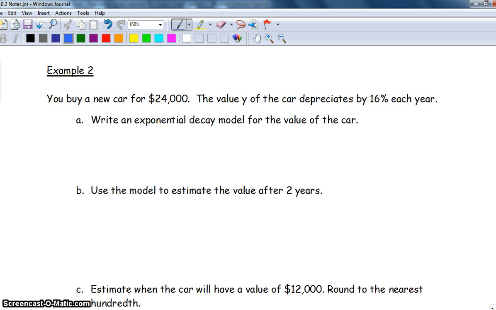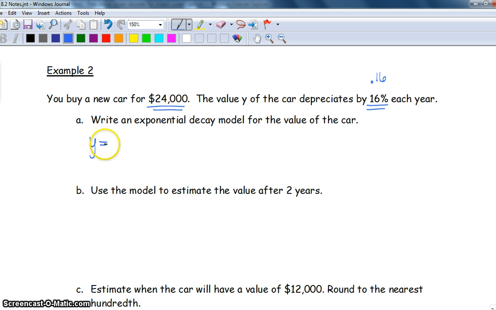Next problem. You buy a new car for $24,000. The value y of the car depreciates by 16% every year. So we've got our initial amount of $24,000, and we've got our decay, how much it's decaying, which is 16%, which is 0.16 as a decimal.